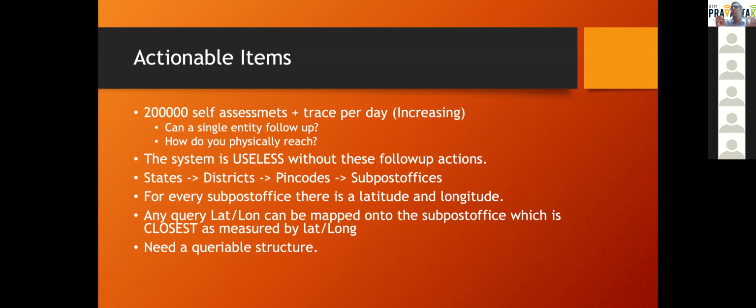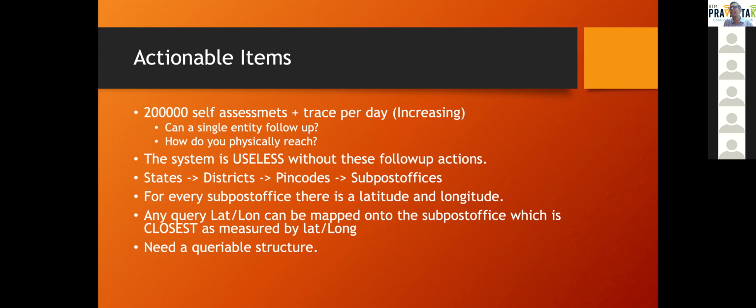So what is the problem here? I am given a lat long and I need to map it onto the closest sub-post office. Every sub-post office also has a lat long. So given an arbitrary query lat long, I should find out which is the closest sub-post office to which it maps. I have all the lat longs of all the sub-post offices. I am now a user, and for me the sub-post office is Mylapore sub-post office.